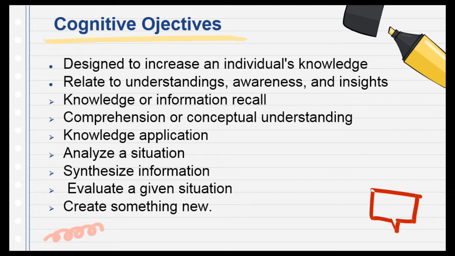Or the student will be able to evaluate two different theories on the origin of the solar system as demonstrated by his ability to compare and discuss verbally or in writing the strengths and weaknesses of each theory.